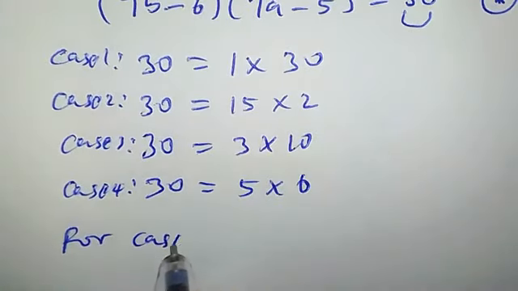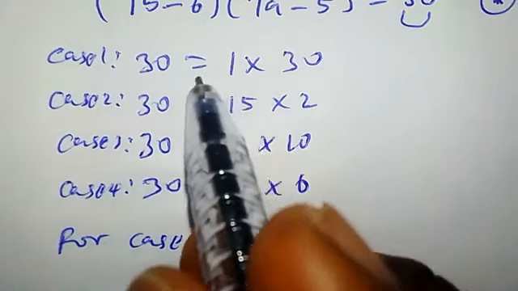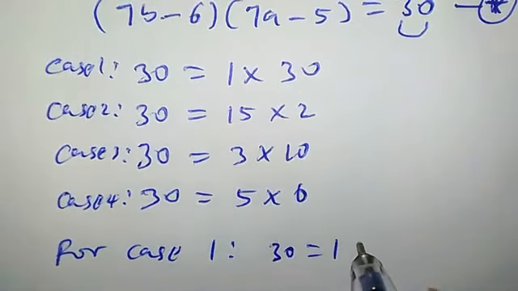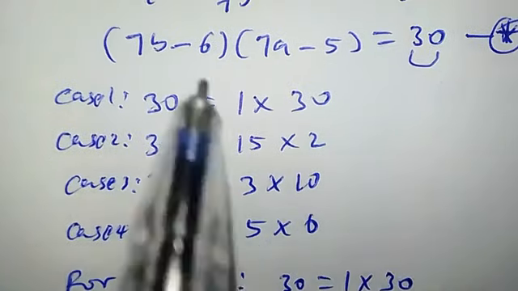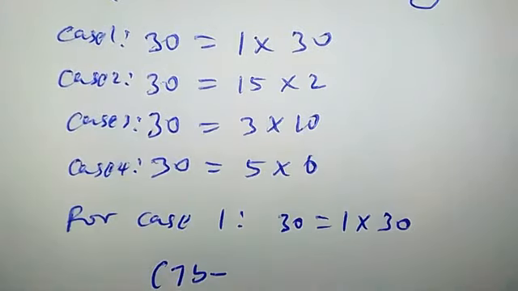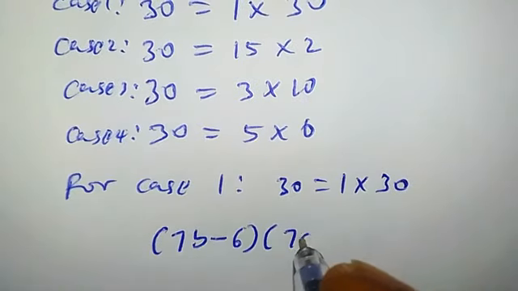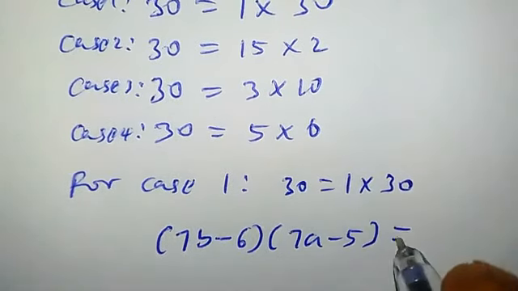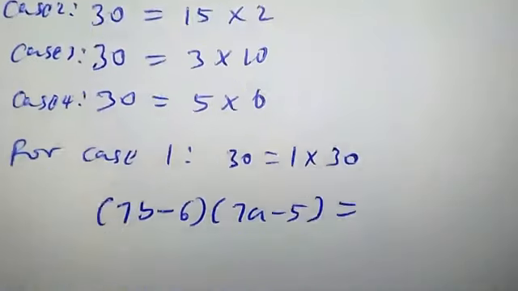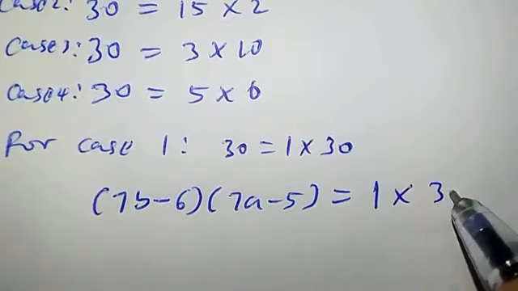For case 1, we are going to replace 30 with 1 times 30. From equation star, we have 7b minus 6 times 7a minus 5 equals 1 times 30.